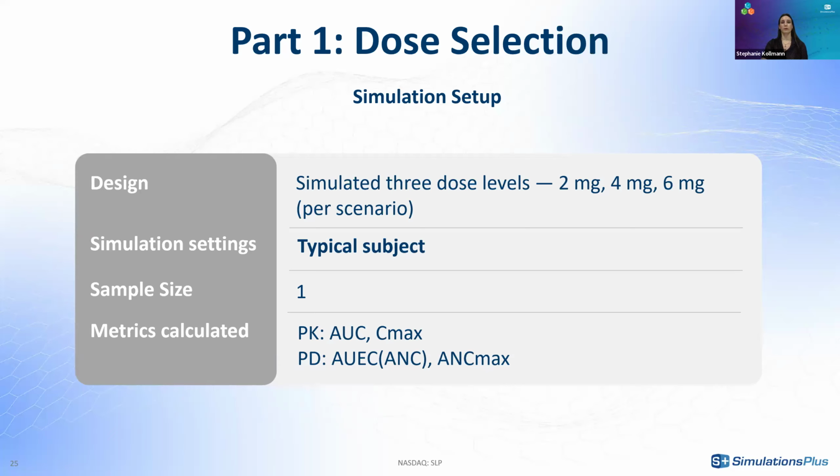For each dose, we calculated PK exposure metrics like AUC and Cmax, and PD response metrics, area under the effect curve and ANC max, to evaluate how sensitive each endpoint is to parameter perturbations.